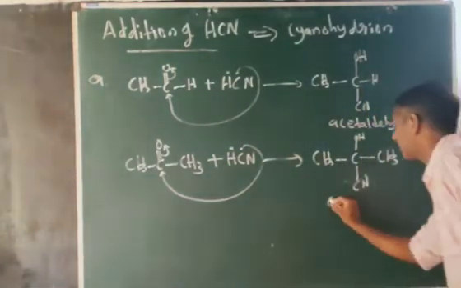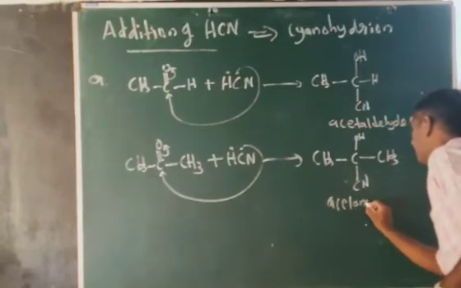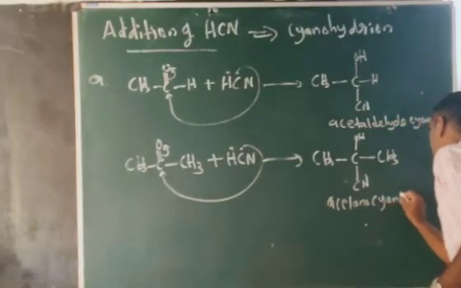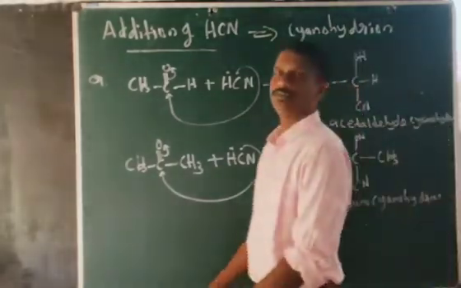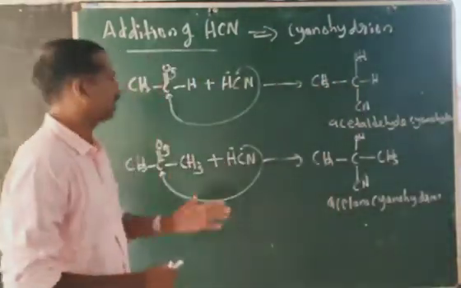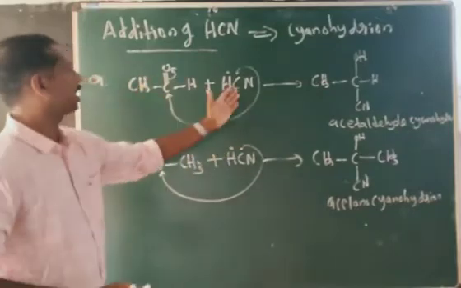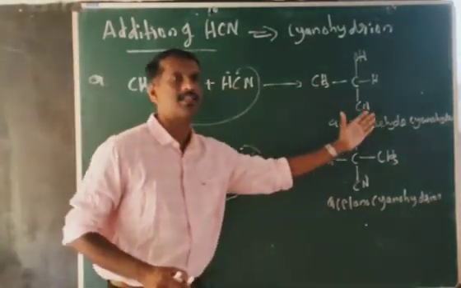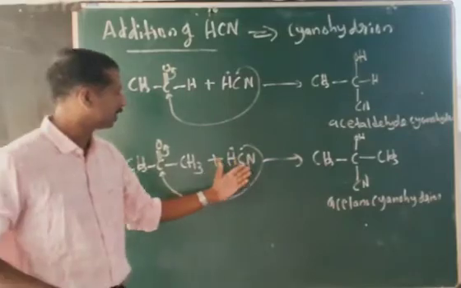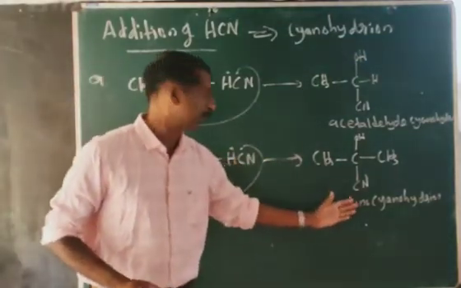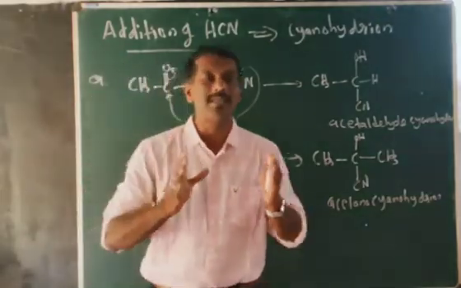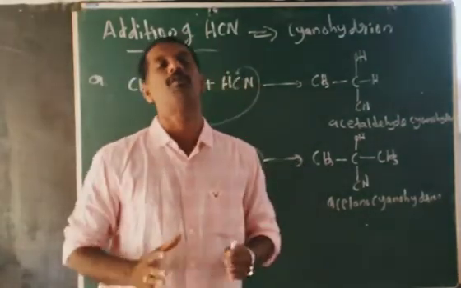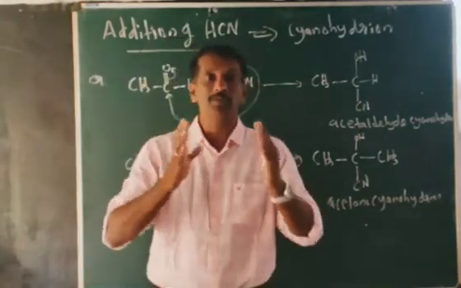This compound is known as acetone cyanohydrin. So when aldehydes and ketones react with hydrogen cyanide, we get cyanohydrins. These cyanohydrin intermediates are very useful compounds.